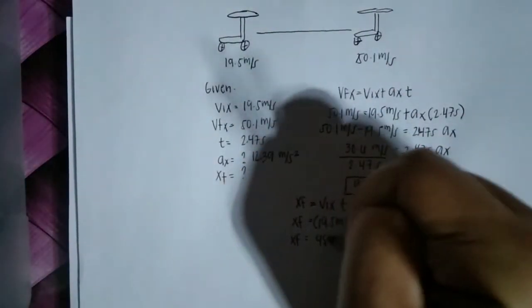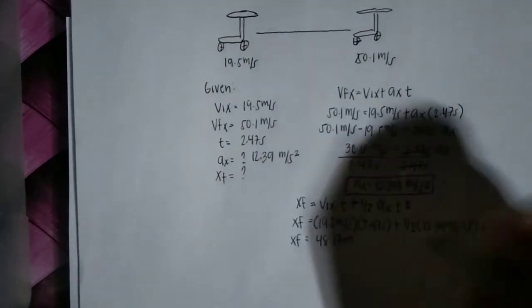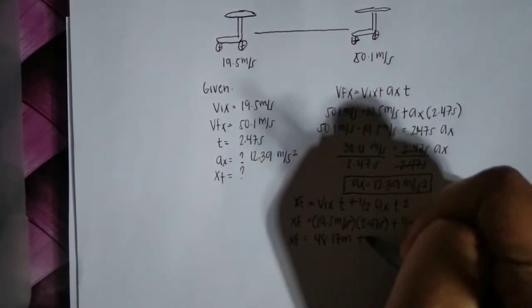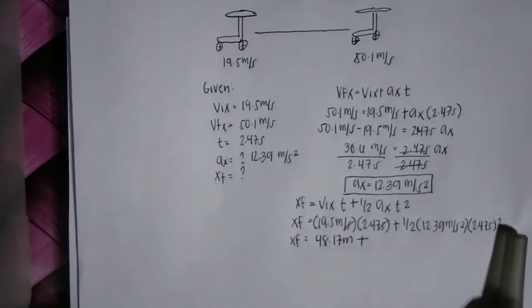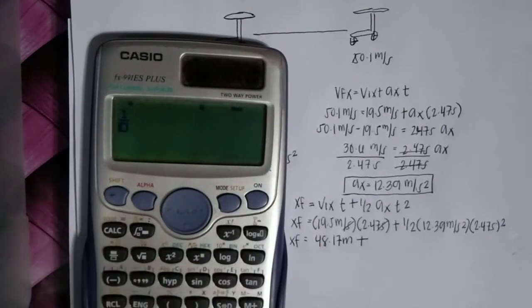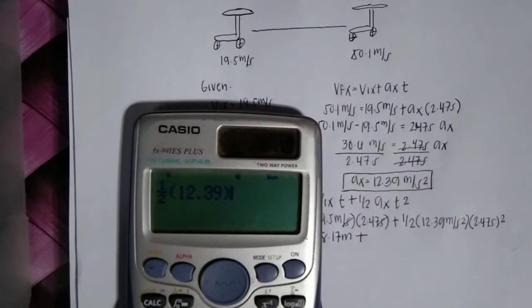So magiging 48.17. So ang unit natin dito ay meters dahil maka-cancel out na yung seconds. So plus, then isolve naman natin tong nasa right side. So magiging 1/2 times 12.39 times 2.47 seconds squared.